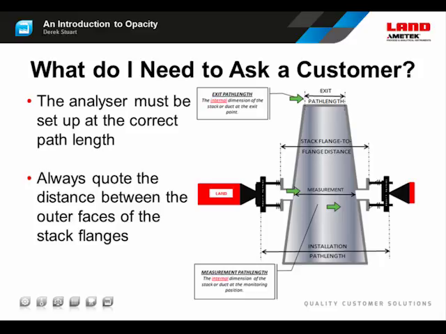Now, if you go back to the method 5, the visual observation where the trained observer stands at the bottom of the stack, they're looking at the opacity at the stack exit. So for traceability to that, we must apply a mathematical correction to our measured opacity in order to report the stack exit opacity. And that mathematical correction is called the path length correction factor.